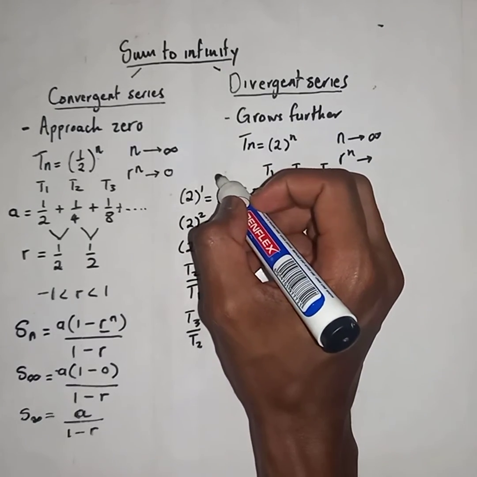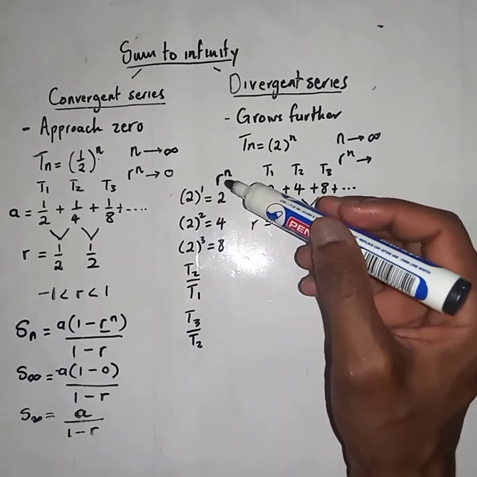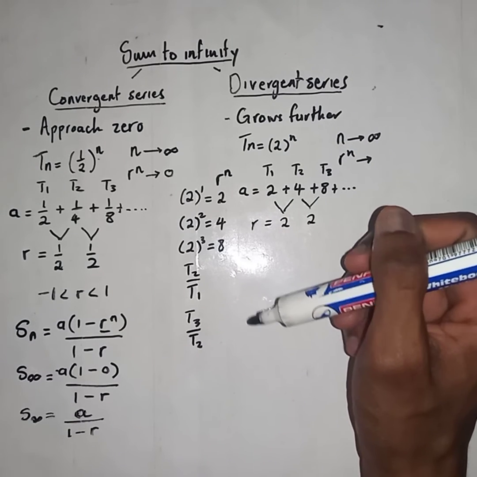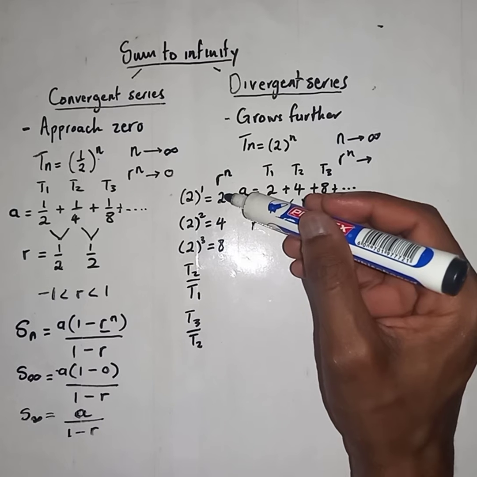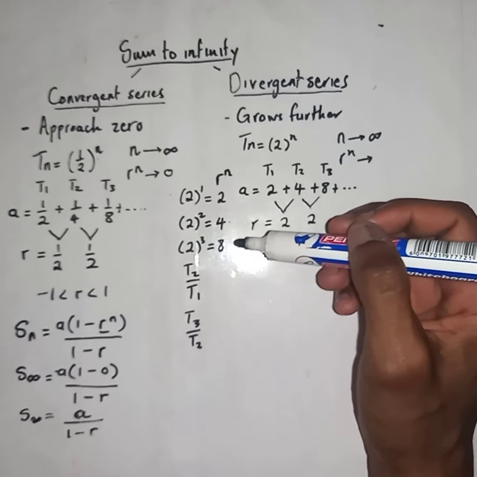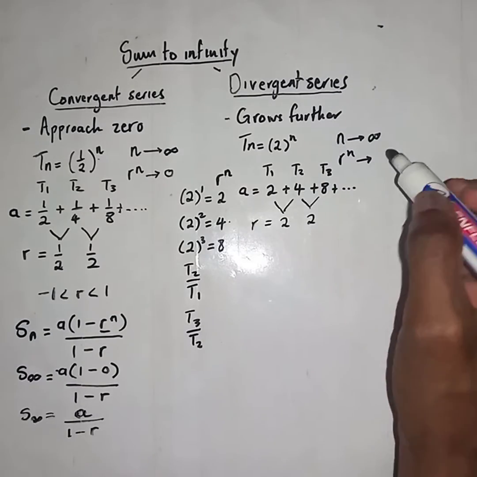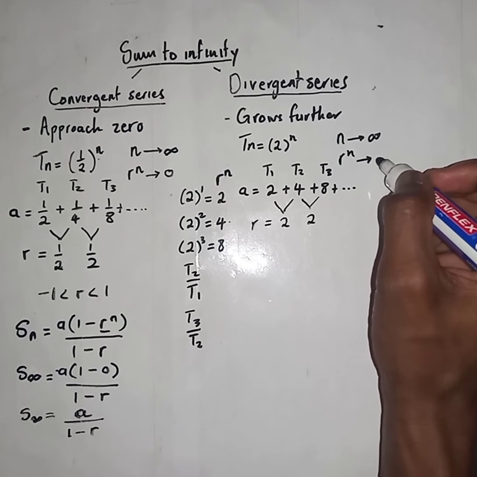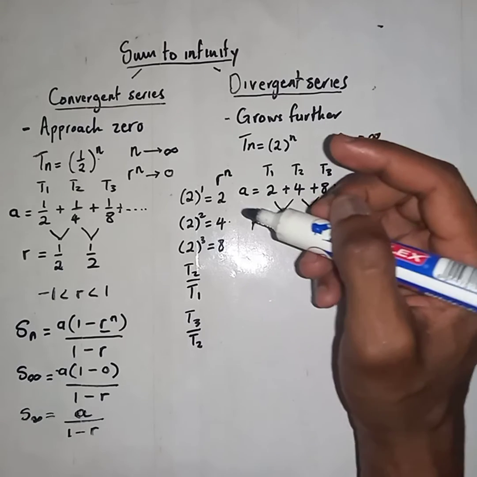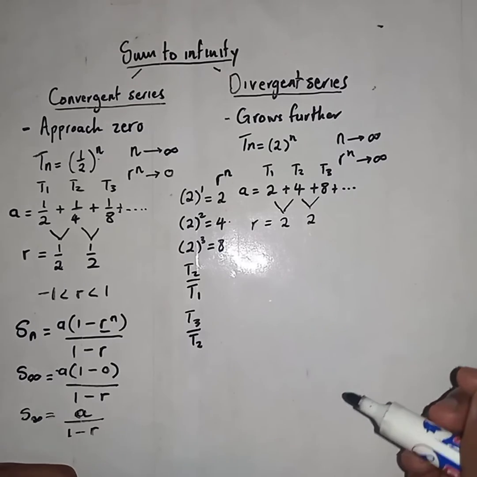Then what is going to happen to the value of Rn for the divergent series? We started with 2, we went to 4, we went to 8. Eventually, we can clearly see that the value of Rn for this one also approaches infinity. It also grows.